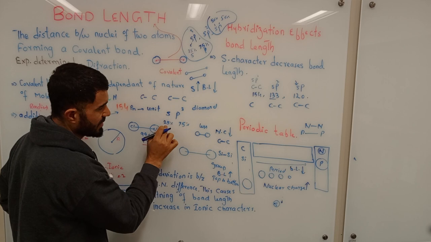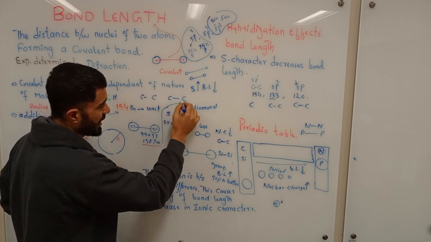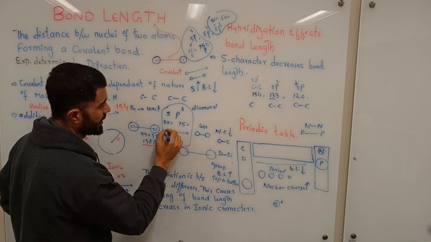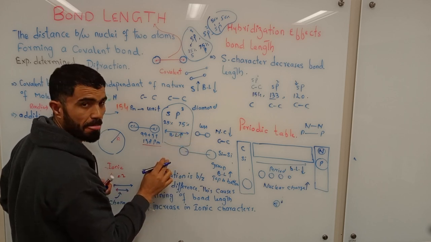S character is less, p is more. In this kind of molecule where the s character is less and p is more, bond length is high.